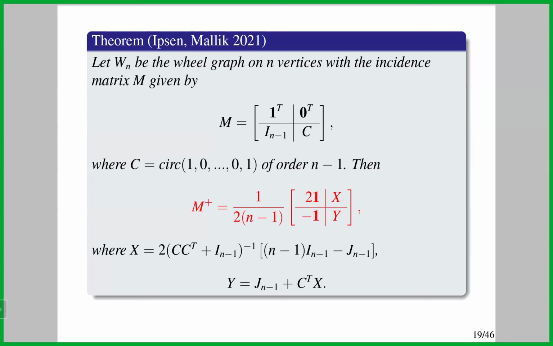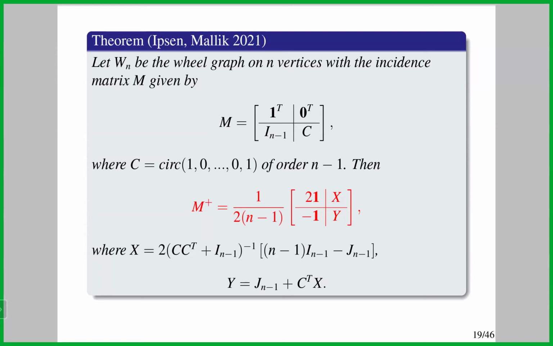So I had an undergraduate student, Jared Ibsen. He wanted to do some research, so I gave him this wheel graph. And the nice thing about the wheel graph is you can write the incidence matrix as this block matrix, where the 2-2 block is a C. C would be a circular matrix with first row 1, 0, 0, 0, 0, 1.